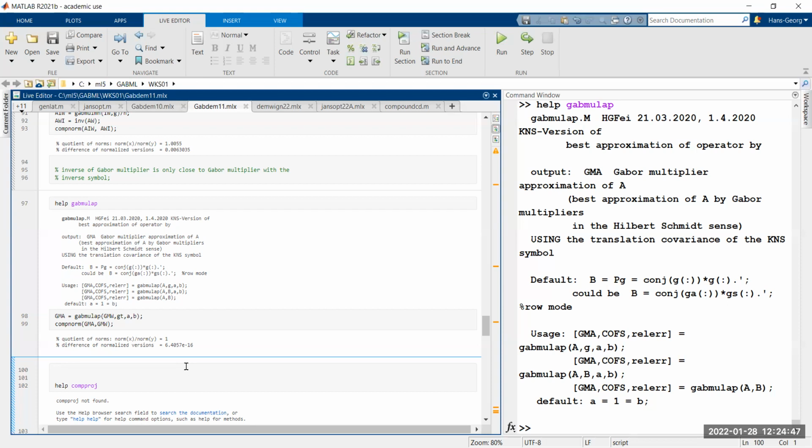Or is this approximation quite unstable? And to summarize the fact, what we have to look for is the collection of all the projection operators, which are on these, in our case, 720 Gabor elements.